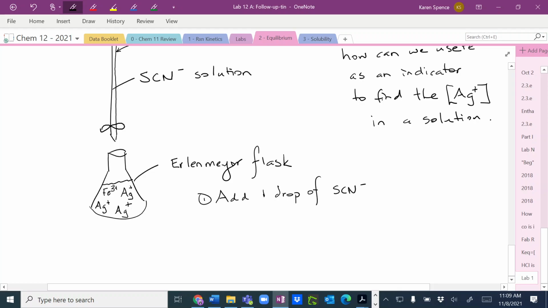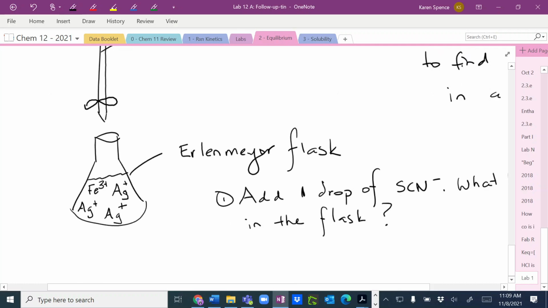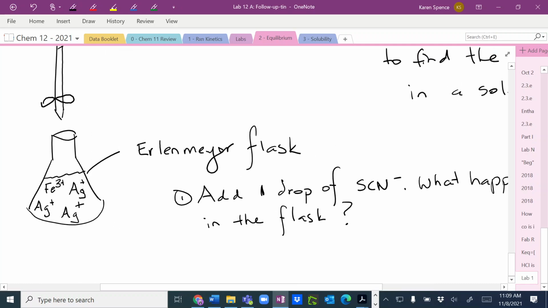So if we have 1 drop of SCN-, let's just say it contains a single SCN- ion, what happens in our flask? SCN- is now going to go in there.